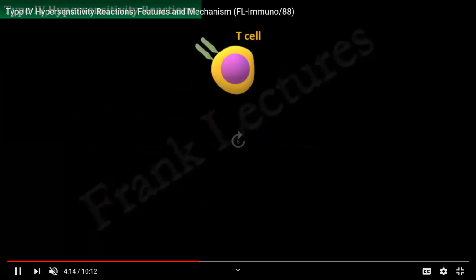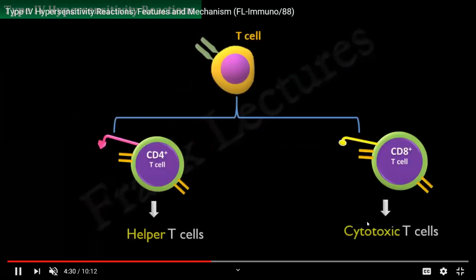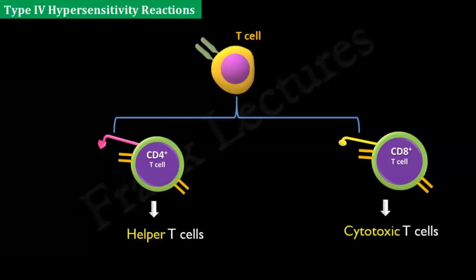The T cells, as we know, are of two types: CD4 positive T cells, which are the helper T cells, and CD8 positive T cells, which are the cytotoxic T cells. When CD4 positive T cells encounter an antigen, it is shown with the help of an antigen presenting cell, forming a complex with MHC2.